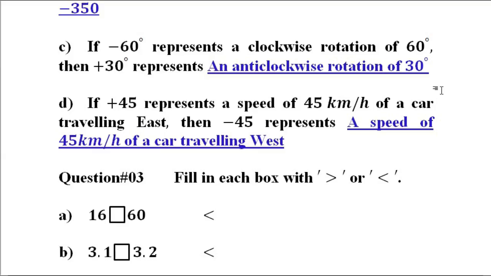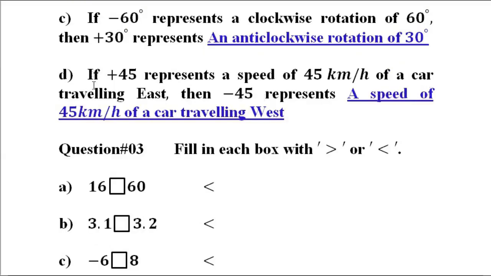It means clockwise is opposite to anti-clockwise, same as positive 60 degree is opposite to negative 60 degree. Therefore, if negative 30 degree represents clockwise rotation, then positive 30 degree will represent anti-clockwise rotation. Therefore, the answer is anti-clockwise rotation of 30 degree.